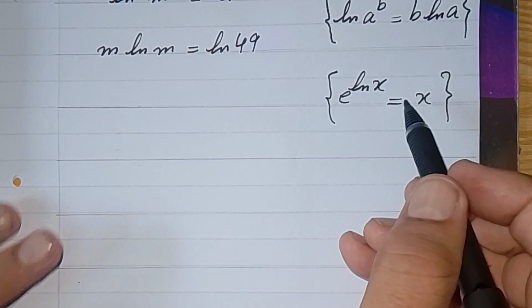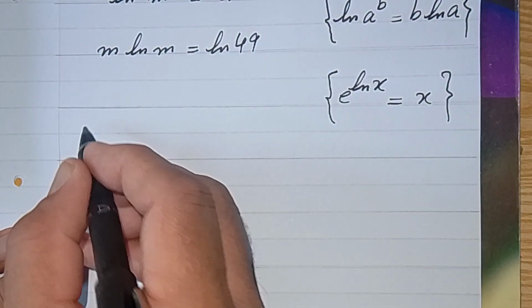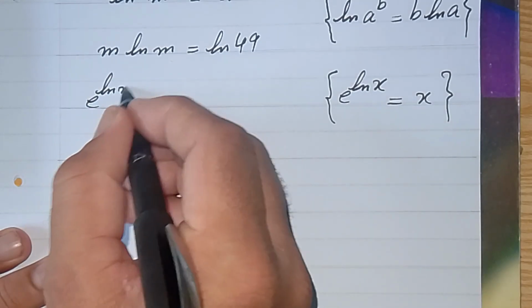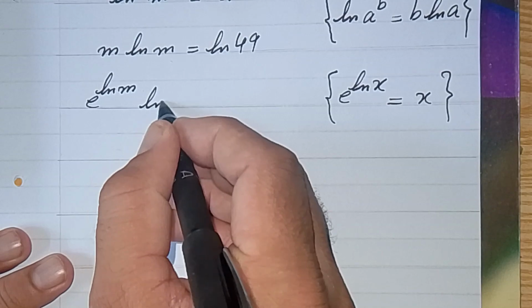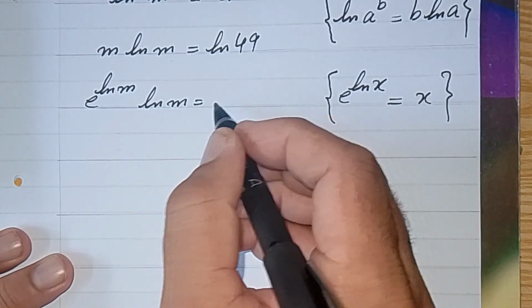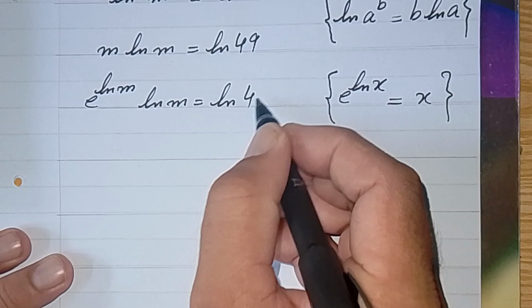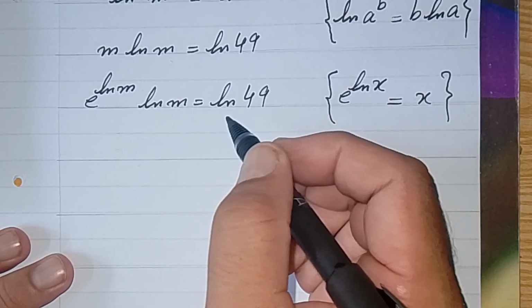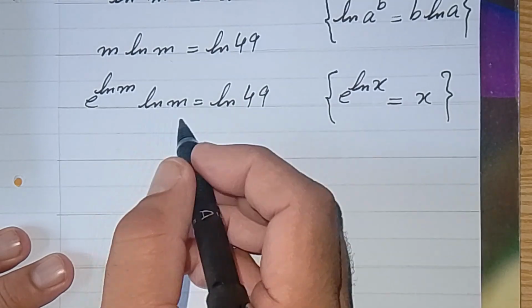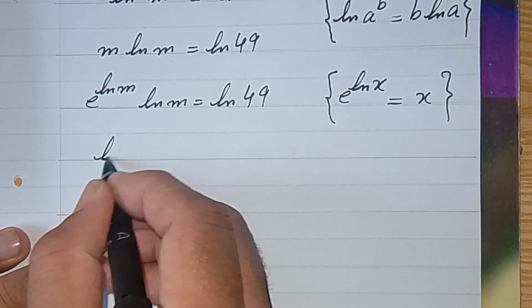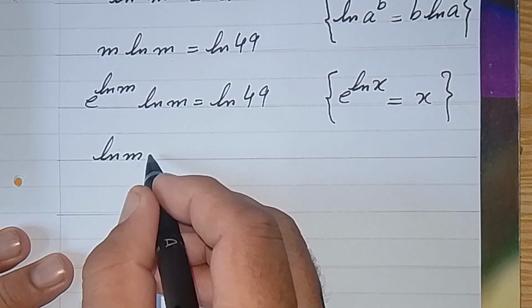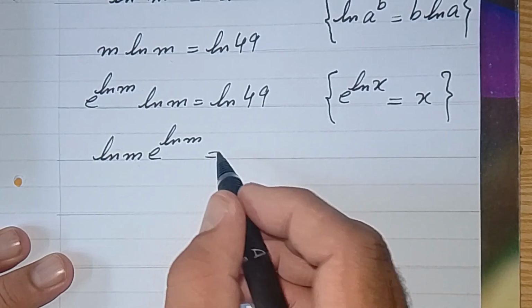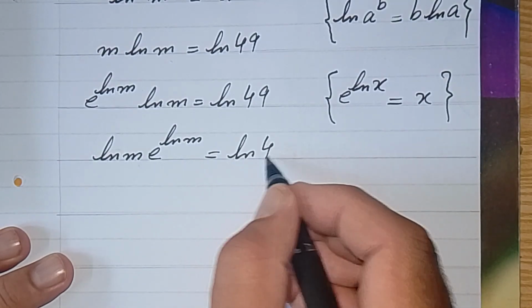We use this formula. e raised to log m is equal to log 49. Now we rewrite it: log m e raised to log m is equal to log 49.